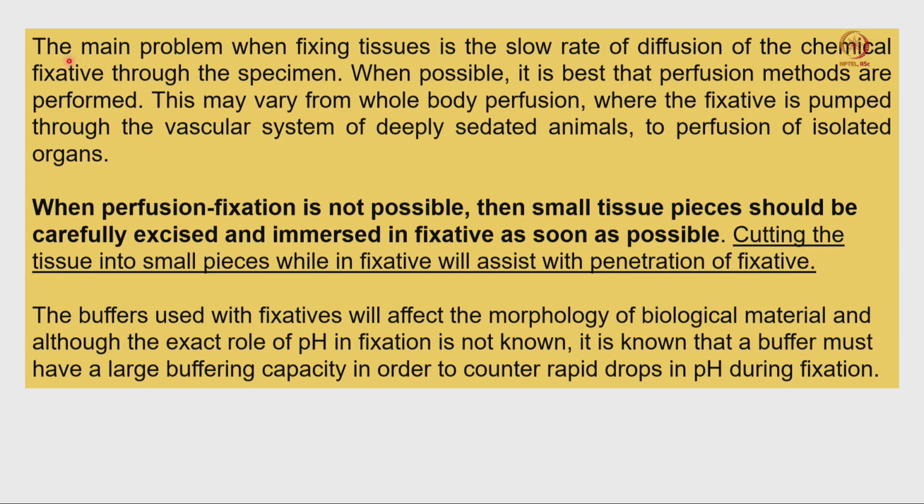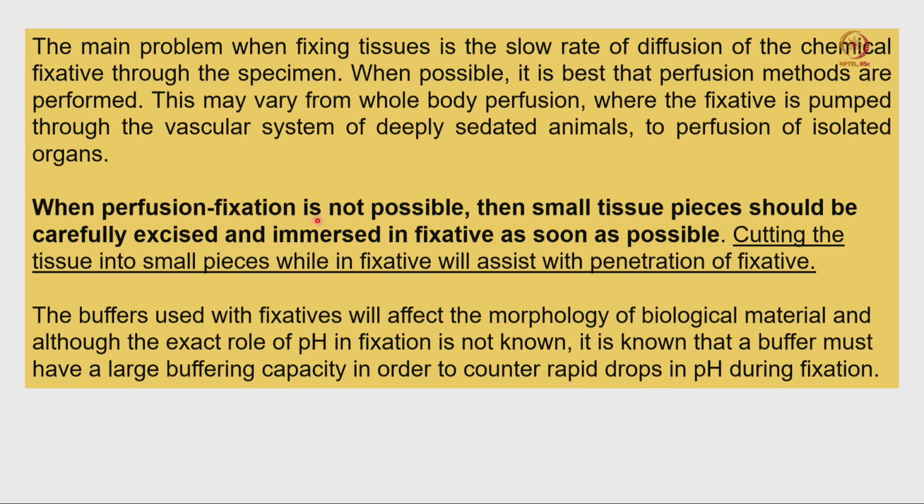Now, the main problem when fixing tissue is the slow rate of diffusion of the chemical fixative through the specimen. When possible, it is best that perfusion methods are performed. This may vary from whole body perfusion, where the fixative is pumped through the vascular system deep within the animal, to perfusion of isolated organs.